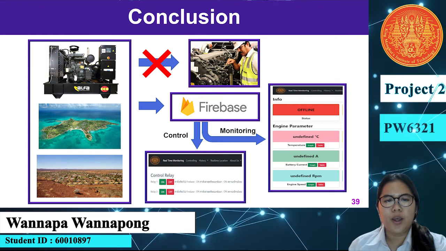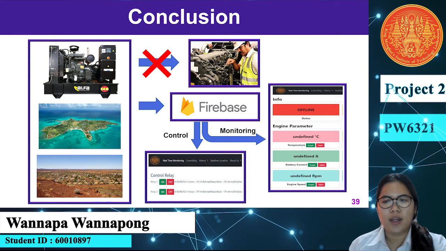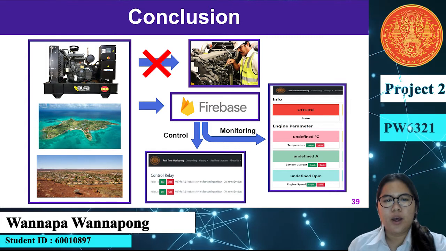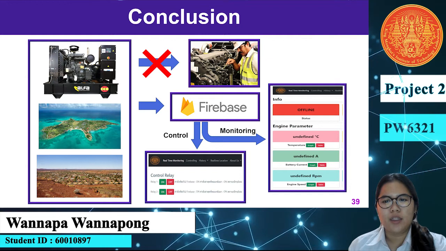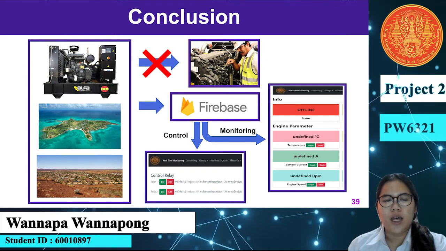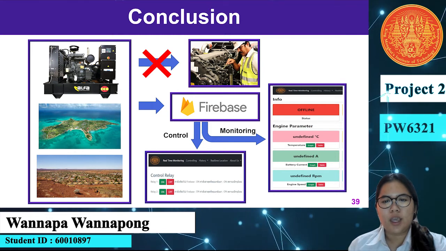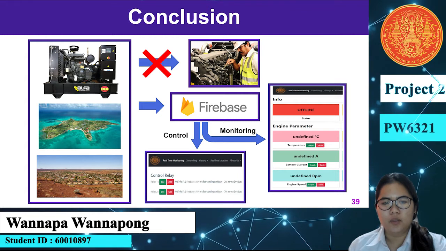First, the device is able to measure one important parameter of the generator set and send data to firmware. Second, the device is able to display one parameter in the form of a graph of data relative to time, a data table, and a tick box, which can display the information at the current time on the website.